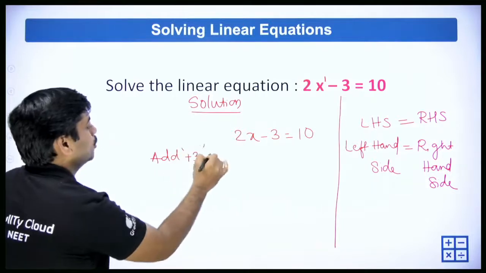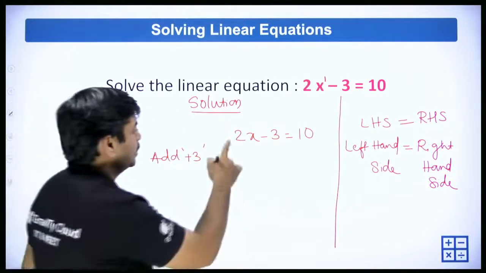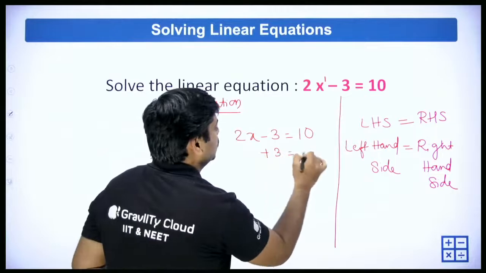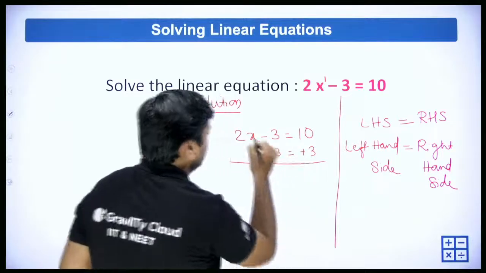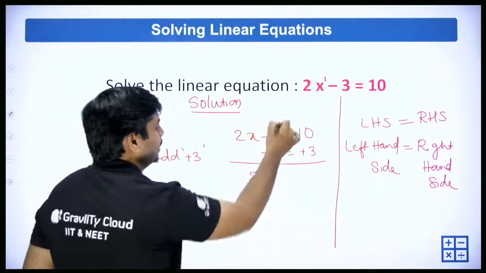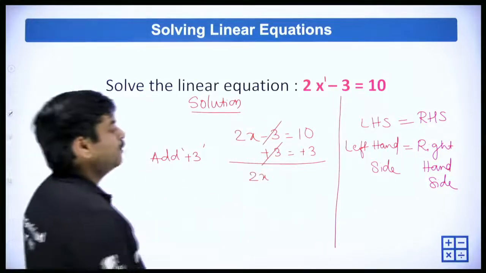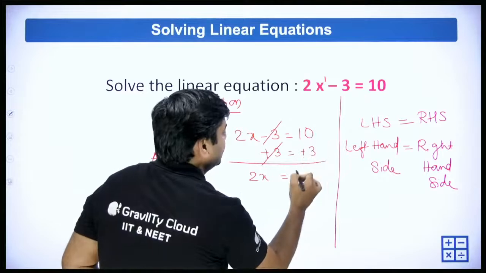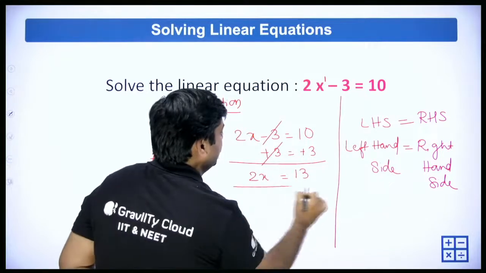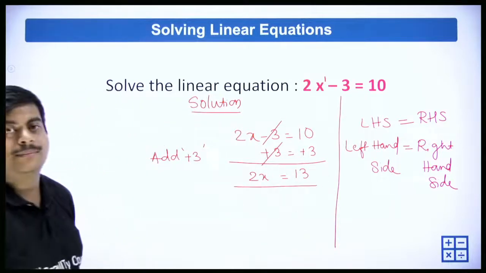So tell me what you'll get. If you add plus 3 on both sides, 2x minus 3 and plus 3 gets cancelled, both become 0, is equal to 10 plus 3 will give you 13.